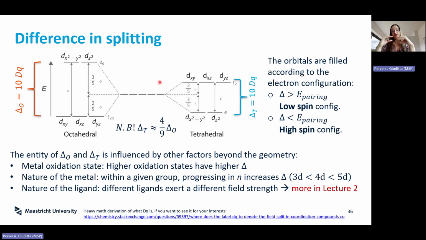In proportion to each other, the extent of the crystal field splitting, so this span in energy with which you open up the field splitting, is not equivalent. They don't drop and rise in the same way, because the octahedral field splitting has 2 orbitals that point directly at the ligand.